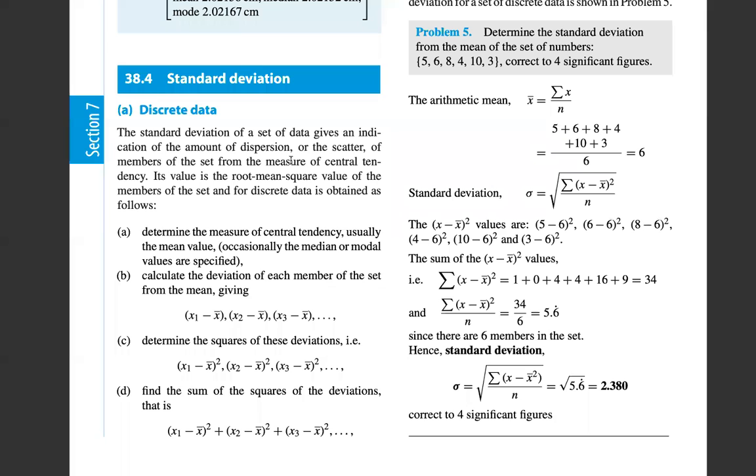Standard deviation is a value, a number, and that number is a measure of how, on average, the other values of data deviate from the mean. The larger your standard deviation is, the larger your spread of data. The data is spread out from the mean a little bit more.